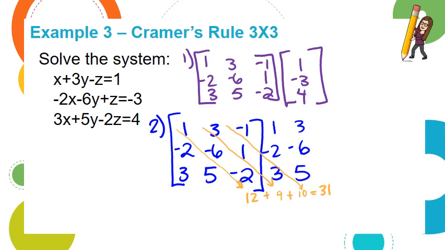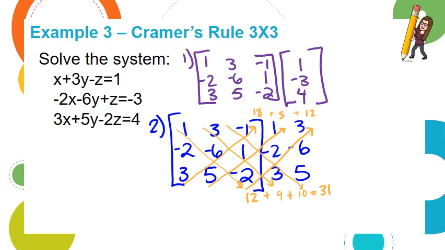Now, let's take care of the up diagonals going up. 3 times -6 times -1. Okay, looks like that's going to get me to 18. 5 times 1 times 1 is 5. -2 times -2 times 3 is going to get me to 12.